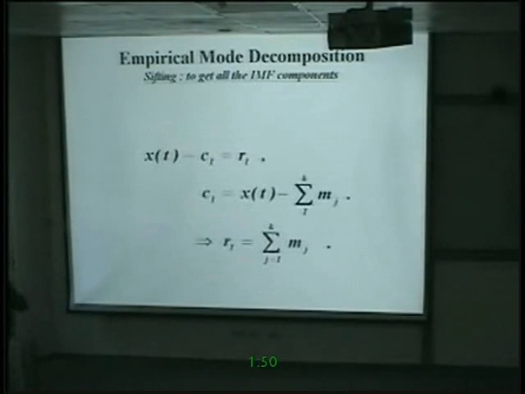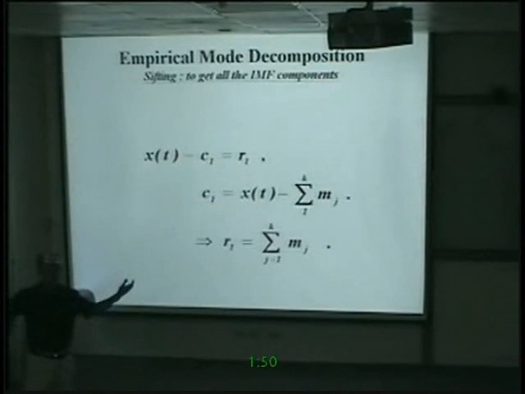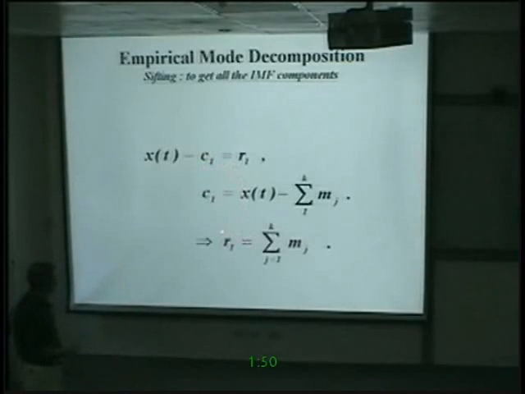If we expand it out, we find x minus C1 equals R1, so C1 equals x minus the summation of m_j, the first order mean. So if you compare this, you find R1 actually is the summation of m_j. But the residual is all from the envelope.